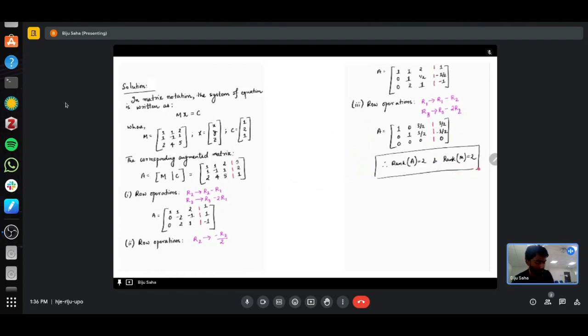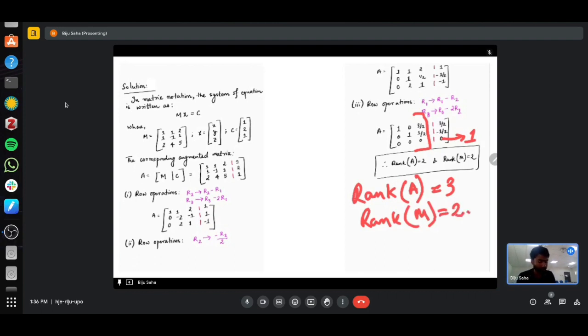But there can be cases where the rank of the augmented matrix is different from the rank of the original matrix. Imagine after performing row operations, we get 1 in this location. This is a non-zero element. So in this case, the rank of A is 3, but the rank of M continues to be 2.